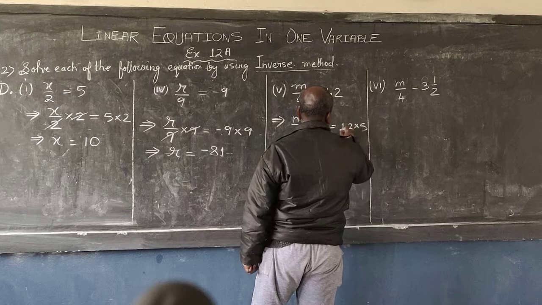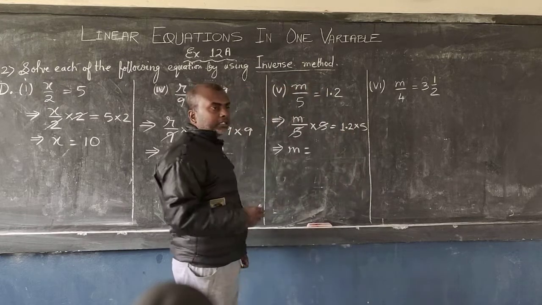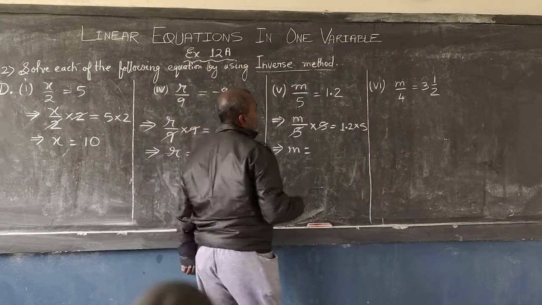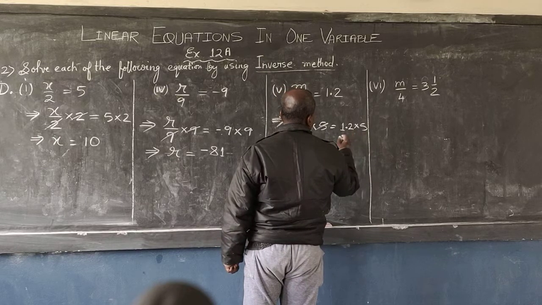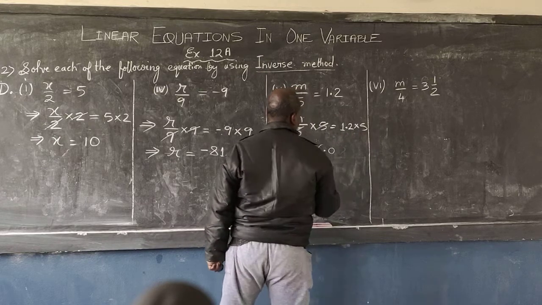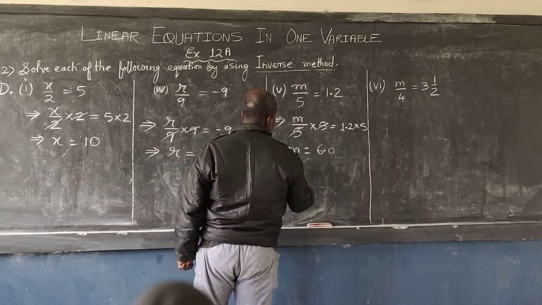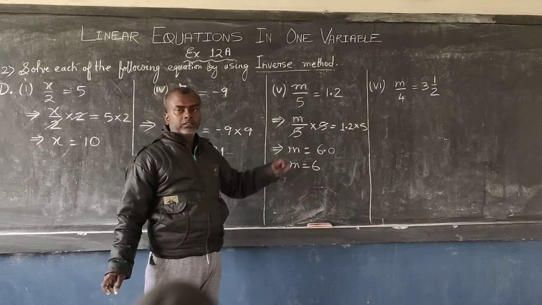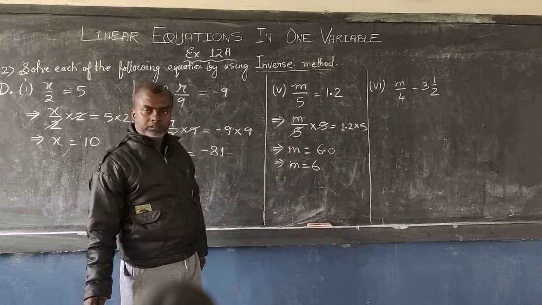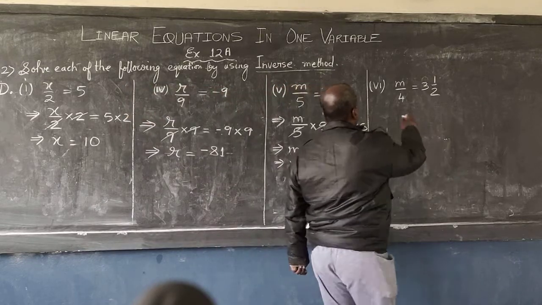It's a decimal multiplication. It comes to 6.0. Now .0 has no value, so I might as well write only 6. 6.0 is 6 itself. Okay.